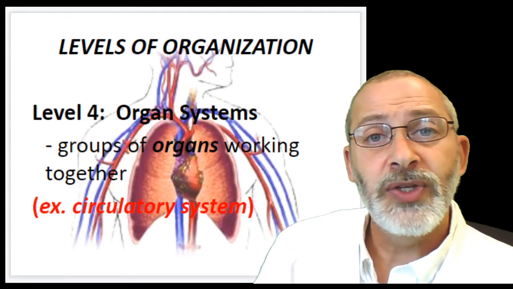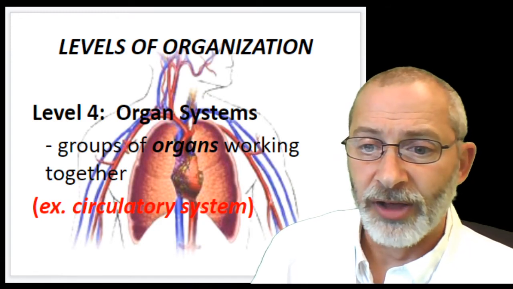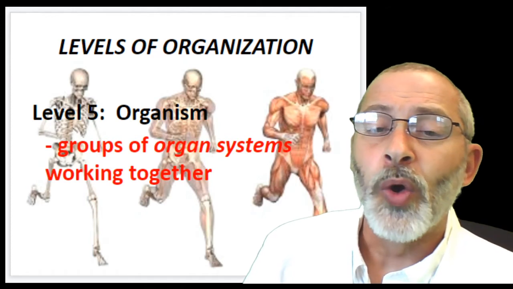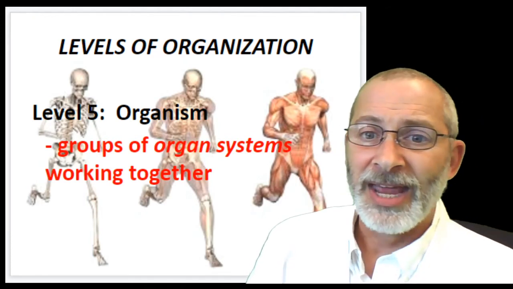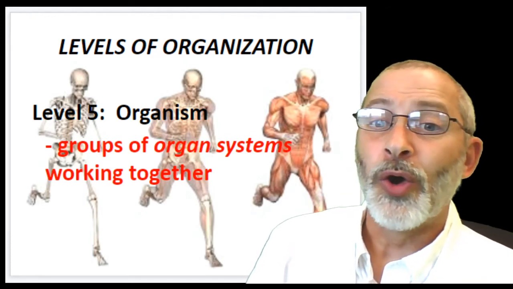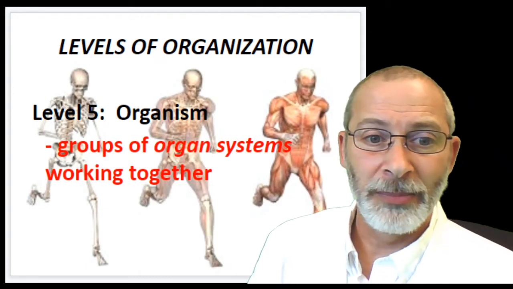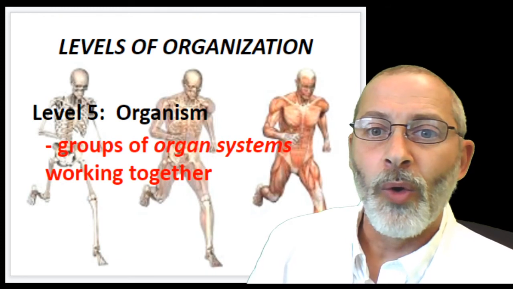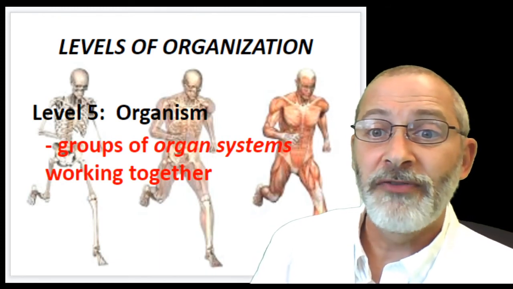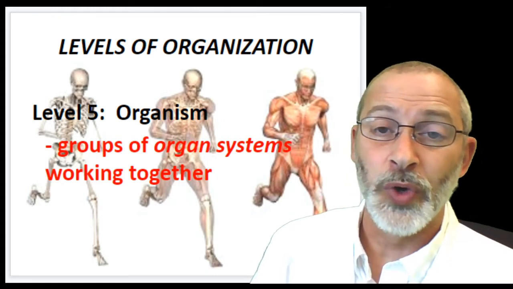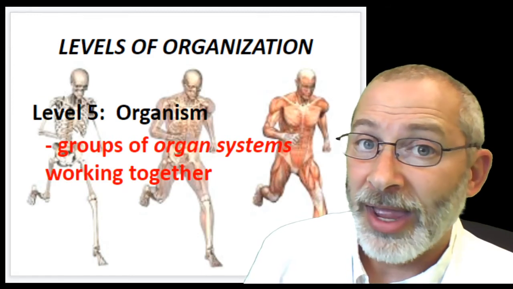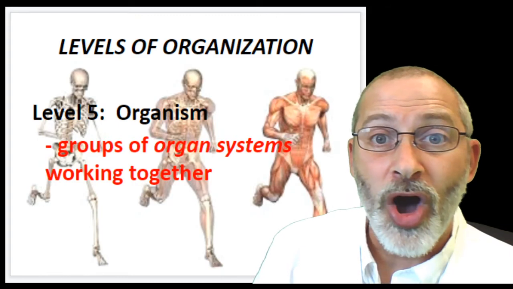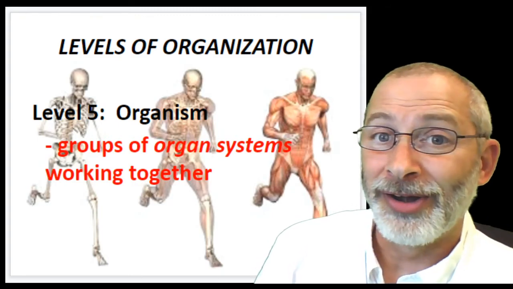This brings us to the 5th level of organization, which is called an organism. If you think about the organism, whether we're talking about human beings or some other type of organism, organisms are groups of organ systems working together. By the way, as you're writing these descriptions down, have any of you caught the pattern?